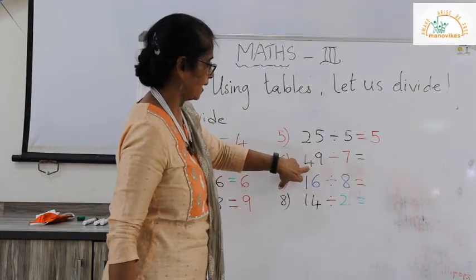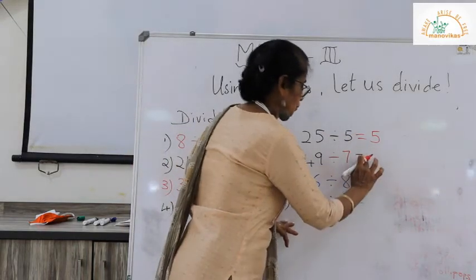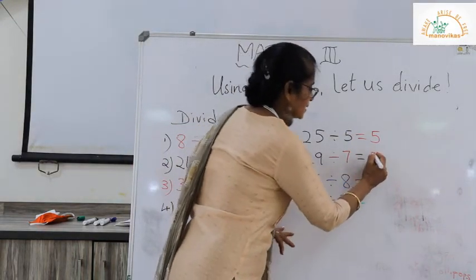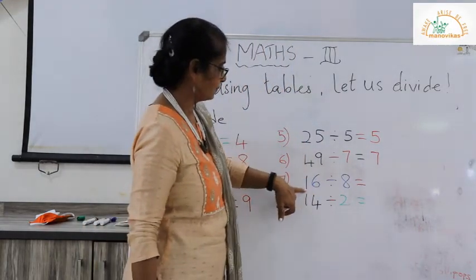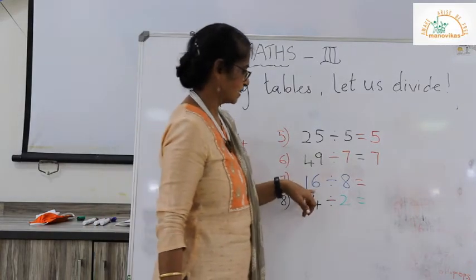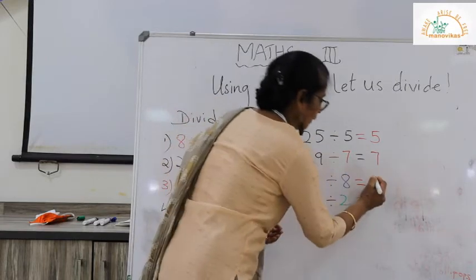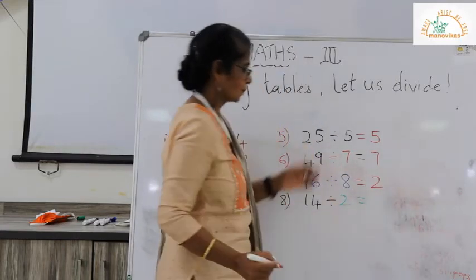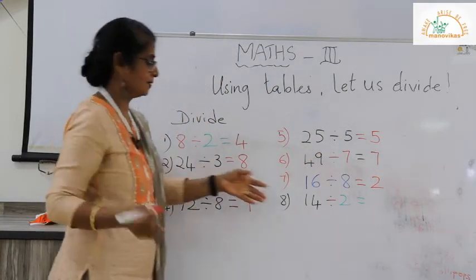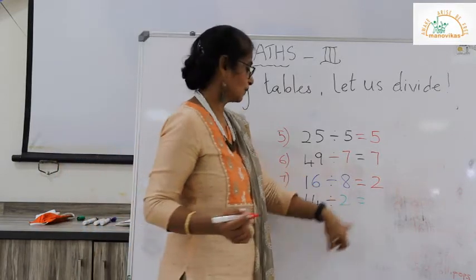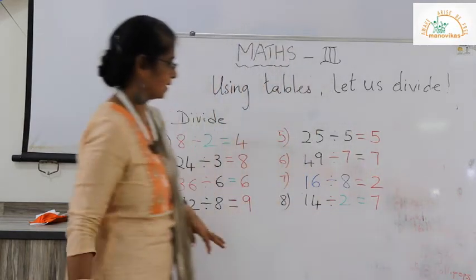Now here we have 49 as the dividend and 7 as the divisor. What would be the quotient? The quotient will be 7, because 7 sevens are 49. Now here we have 16 as the dividend and 8 as the divisor, and when we divide using tables, we get the quotient as 2. 8 twos are 16. Let's find out the answer for 14 divided by 2. Very simple. 2 sevens are 14.